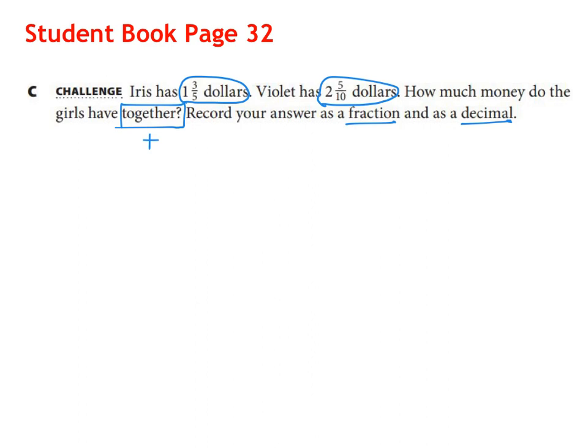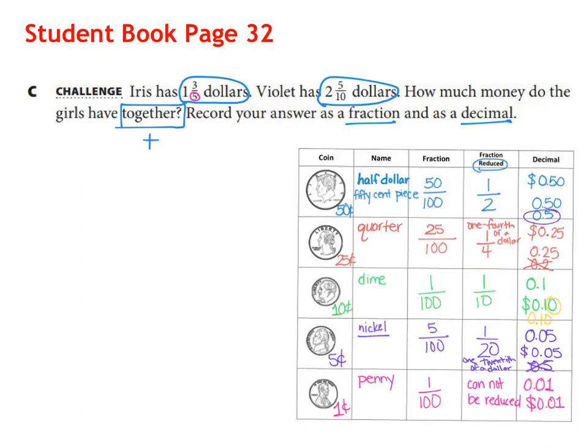Now, if we have fifths, that tells us what? How much of a dollar is a fifth? A fifth is not on our fractions from the chart that we did earlier. But tenths are. And I know that if I double 5, I can get 10.